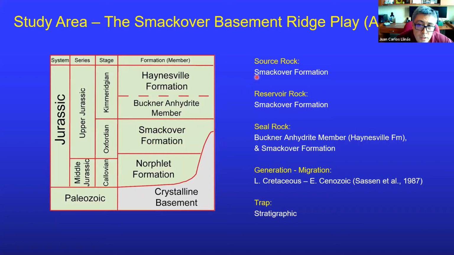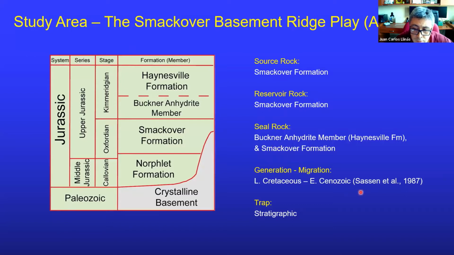Here, the source and reservoir rock is the Smackover Formation in different phases. The vertical seal rock is the Buckner anhydrite member, and the lateral seal consists of fine facies of the Smackover Formation.